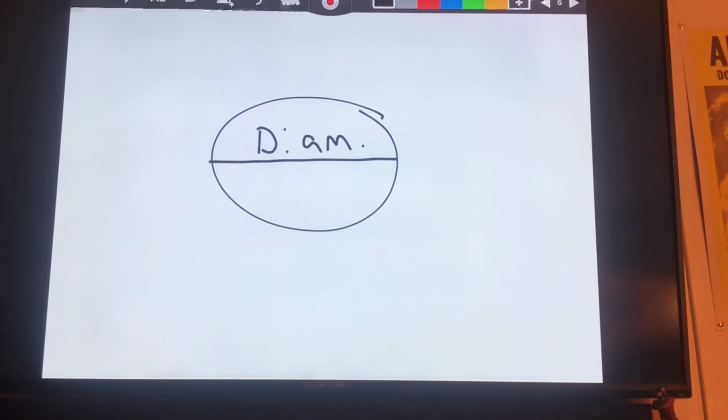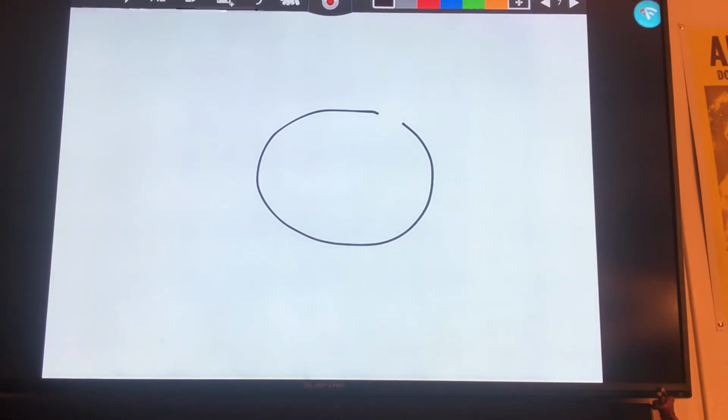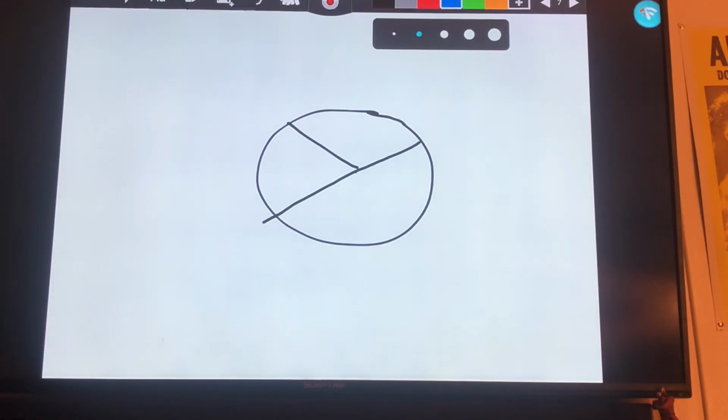Alright, now if we're looking at an arc, it's like if you have an angle, like a triangle inside of a circle. And when I say a triangle inside of a circle, it's to say we've got our diameter coming, we've got a radius. This would be your arc.